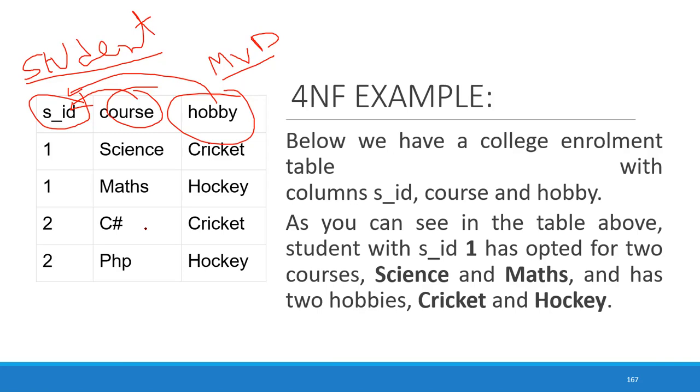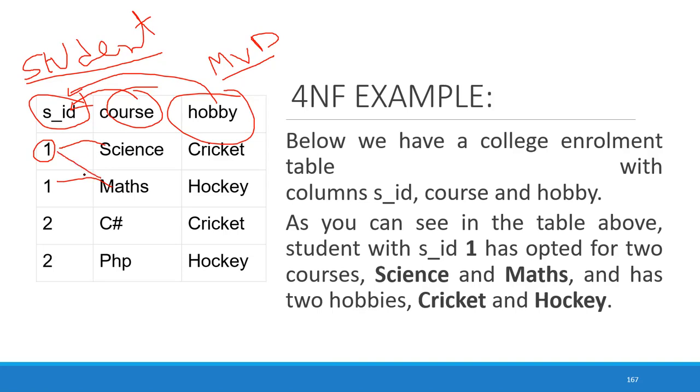Student 1 can choose two courses, science and maths, and has two different hobbies. So definitely there are multiple values. Here 1 is the determinant; science and maths depend on 1.